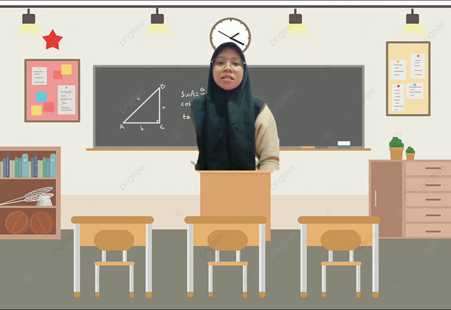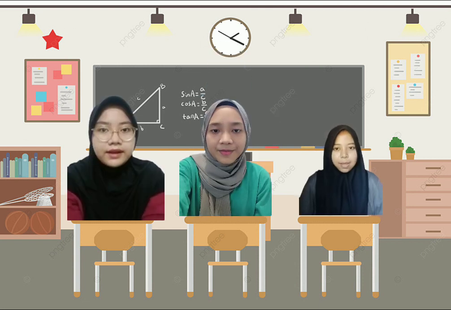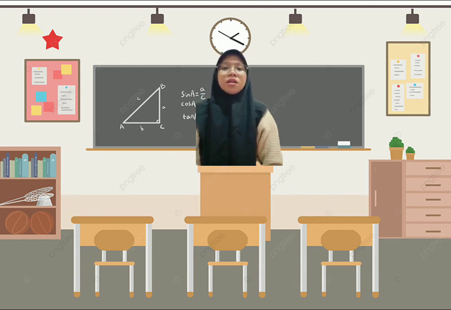Have you ever heard about oxidation and reduction? I haven't, ma'am. The reduction and oxidation reaction is commonly known as redox reaction. There are three concepts in this reaction, namely oxygen transfer, electron transfer, and change in oxidation number.